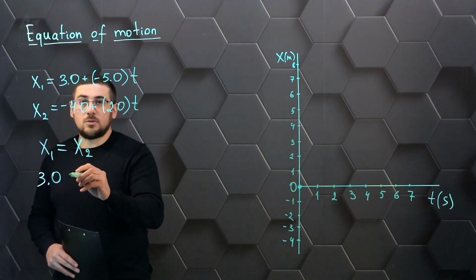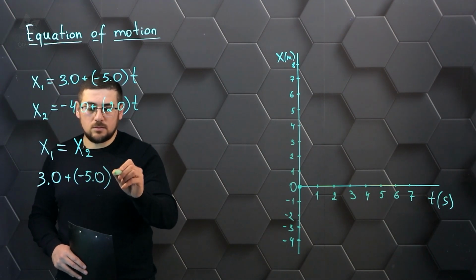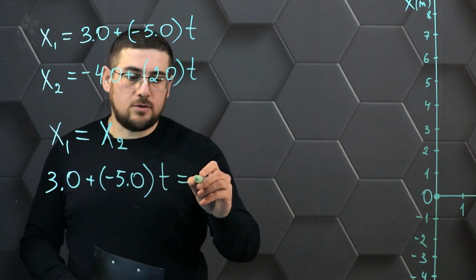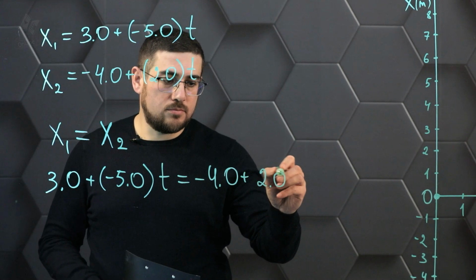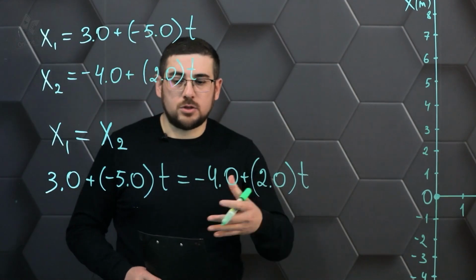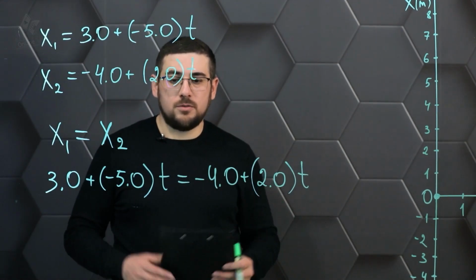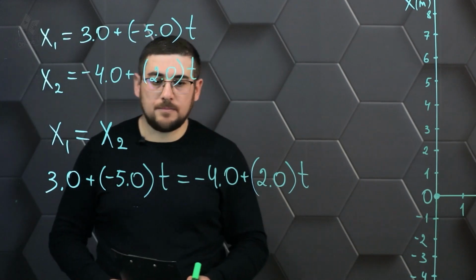So, the equation of the first motion and the equation of the second motion. In order to solve this equation, we need to move all the variables to one side and all the numerical values to the other side.